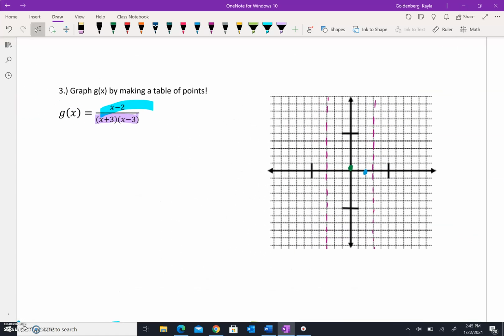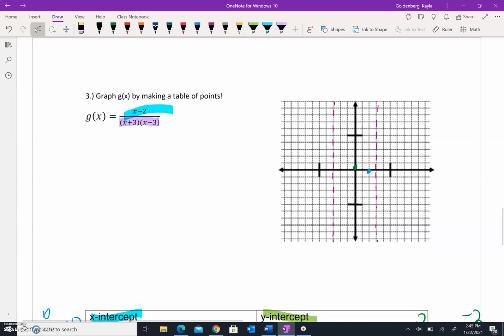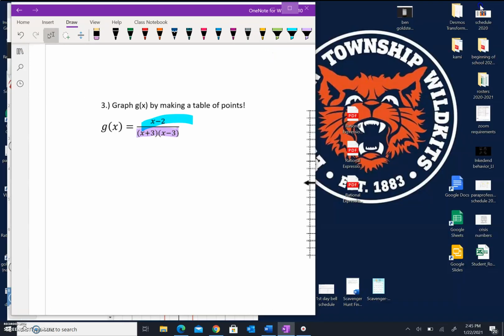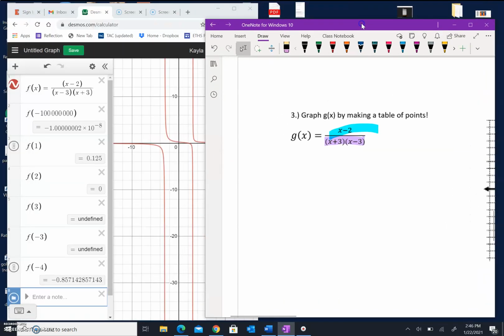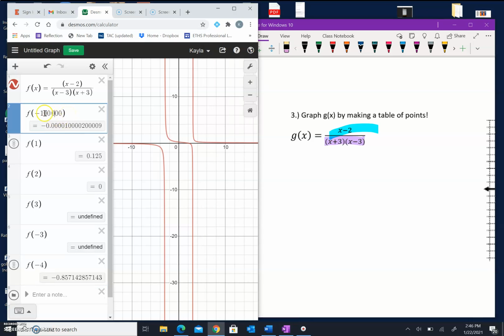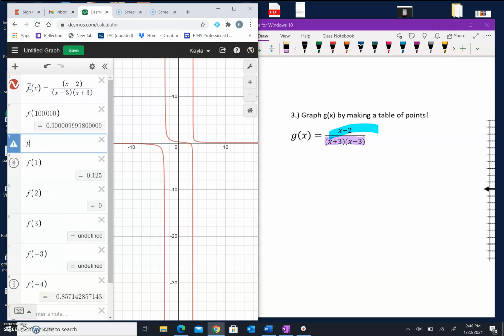And then from there, we need to get our horizontal asymptote. I'm going to open up my screen. I've got my function plotted here. I'm plugging in a really big negative number, a really big positive number. It looks like my asymptote is going to be y is equal to 0.